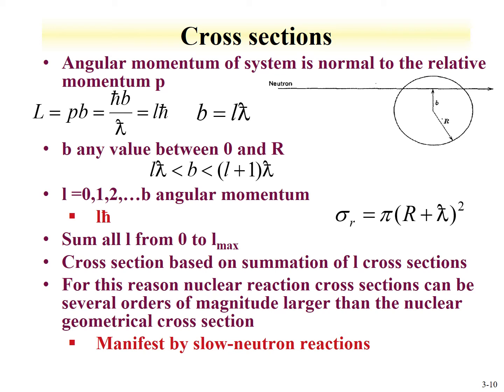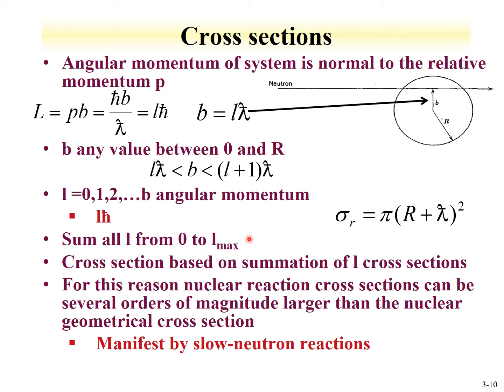So it's a term that we can evaluate and try to utilize to determine something about a reaction probability. We can evaluate the cross-section through using the impact parameter and the system angular momentum along with the de Broglie wavelength, where this impact parameter can now be replaced by this quantum term, the angular momentum, and the wavelength of the particle. Now we can look at this, and the impact parameter can have any value between 0 and R. So the possible ranges are listed here, where the orbital angular momentum goes from 0 to the maximum, and we can now sum all these terms.